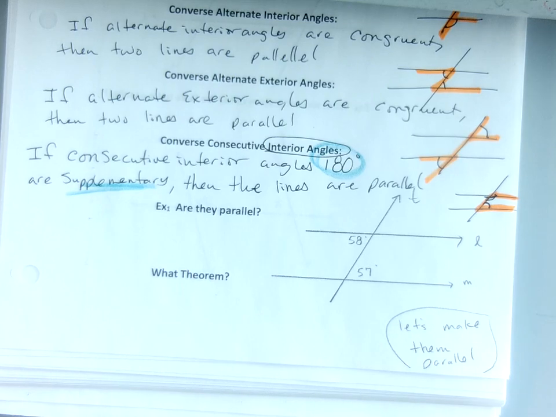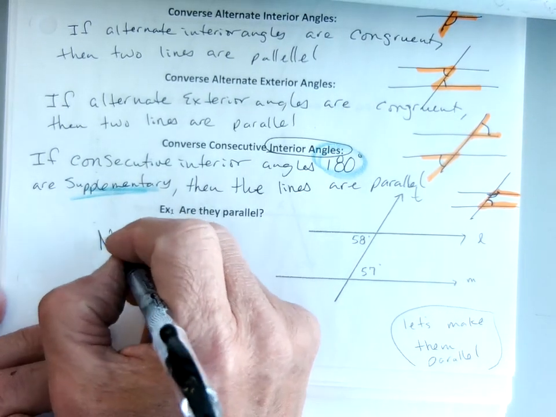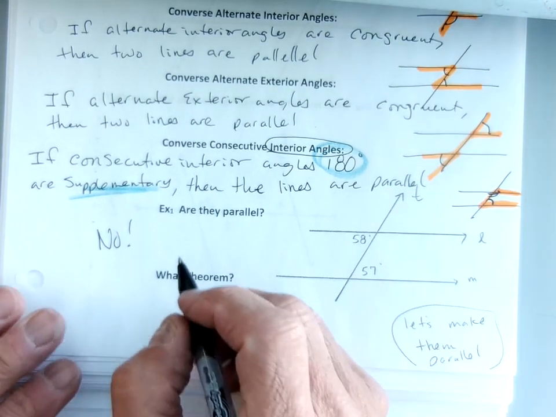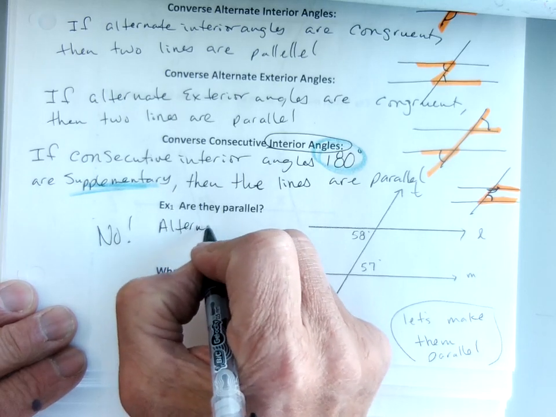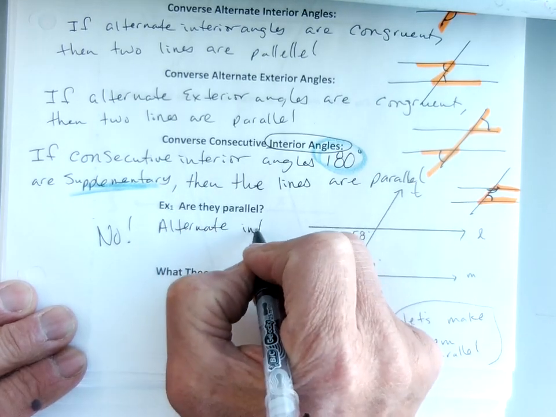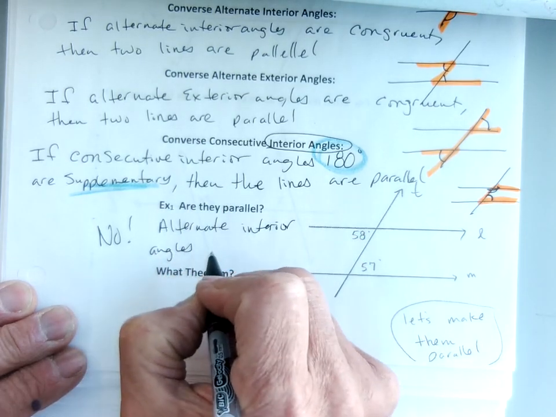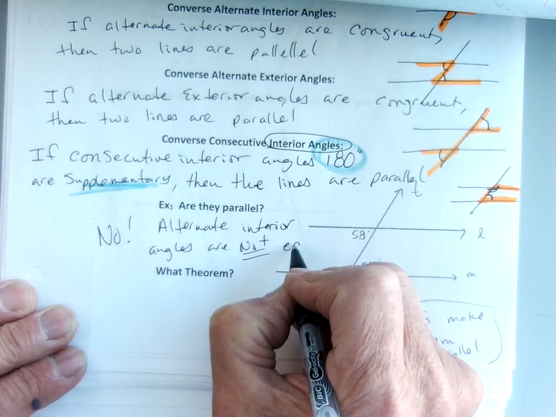Are they parallel? Yes or no? They're not. No. Why not? Well, I would say alternate interior angles are not equal.